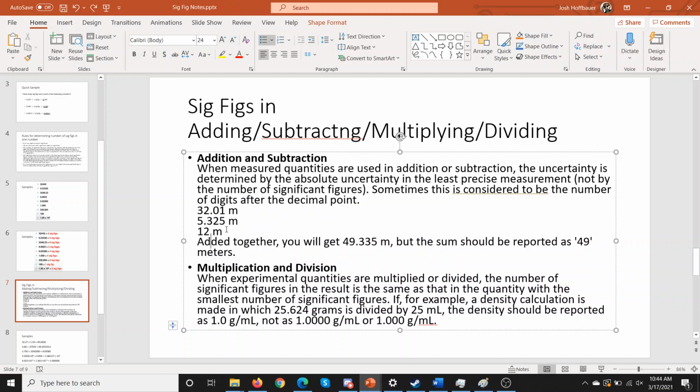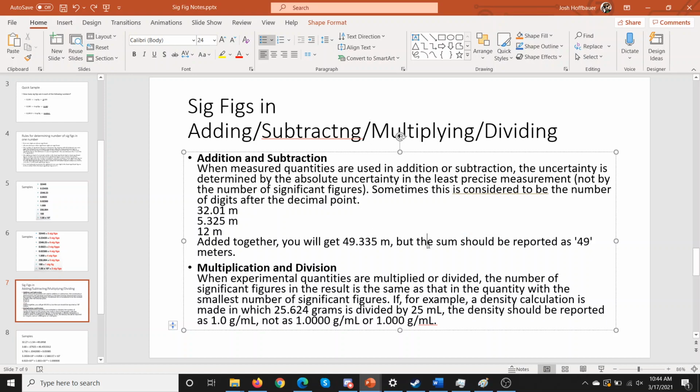So if you put these 3 numbers into your calculator, it will give you 49.335. We only have precision to the ones place, so the official precise answer is 49. Now, I do usually like writing out the full number.